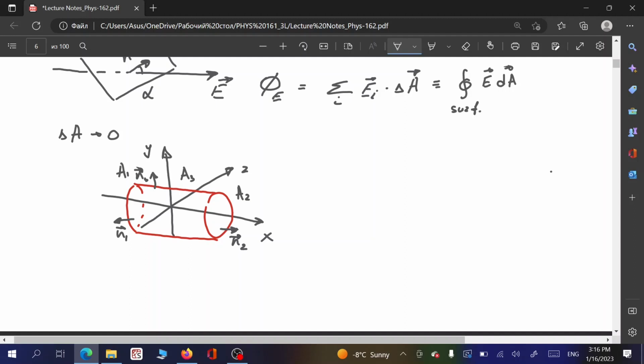Now let us assume that we have electric field vector oriented parallel to axis X. So it's some external electric field, and we place this closed surface in the form of cylinder with this configuration with respect to electric field, and want to determine electric field flux through this closed surface.